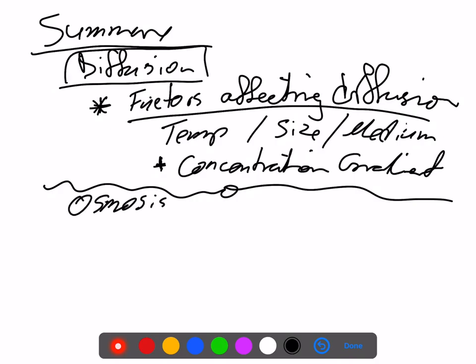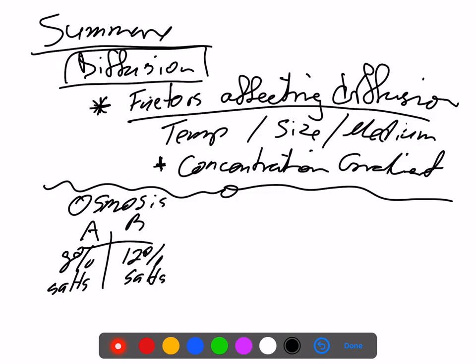And you need to remember that osmosis is like diffusion, but it's specifically the diffusion of water. If you should ever be given a side A versus side B scenario, like 8% salts here, 12% salts here, you should be able to tell me where water goes. Water goes to this side, and then you should be able to describe to me which side is hypertonic and which side is hypotonic.